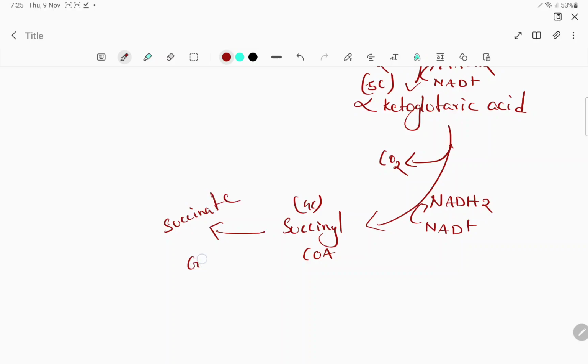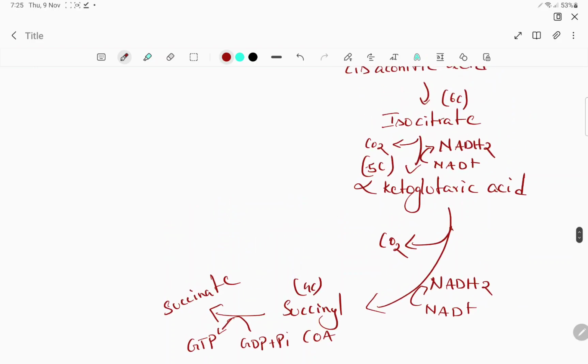Here one GTP is produced from GDP plus Pi, and succinate is converted to fumarate.